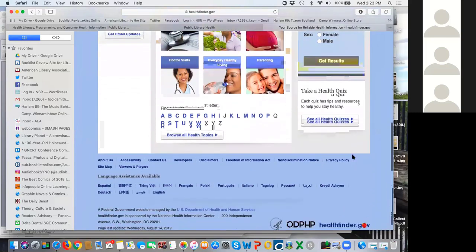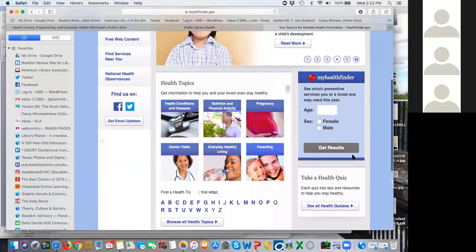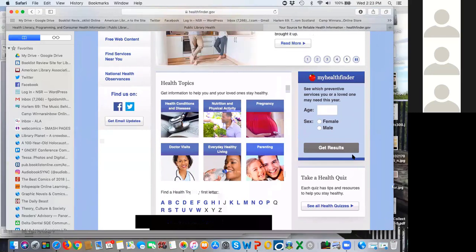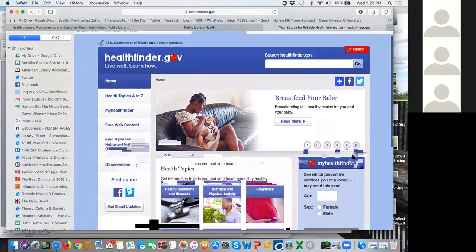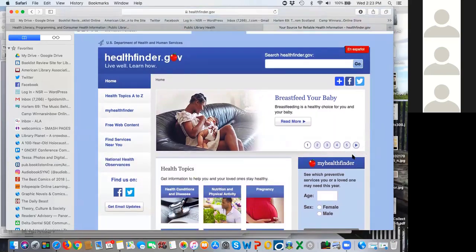So if you yourself are feeling a little bit shy about becoming proficient in different databases and websites, this would be a good starting place. It's fairly straightforward. It has an enormous range of topicality, and because it's free and because it's very frequently updated, you're always going to find solid information here without paying a high price.